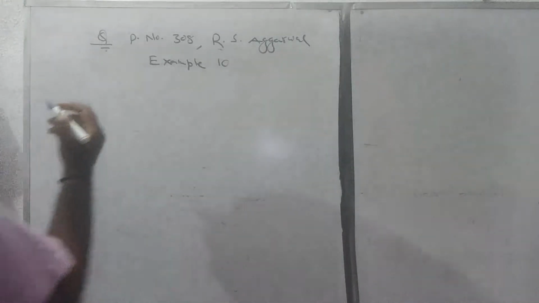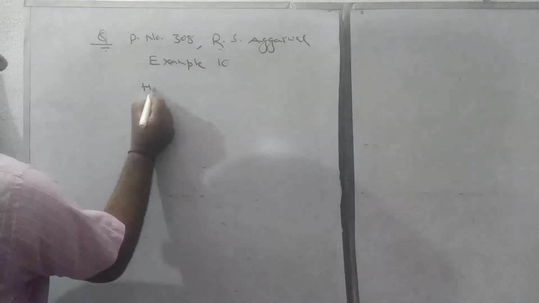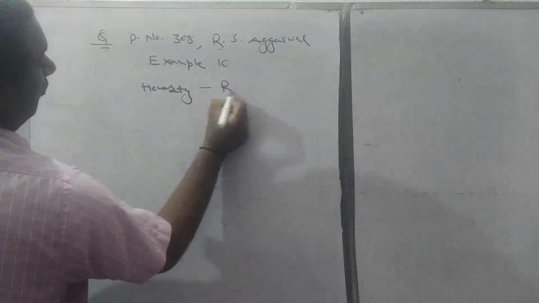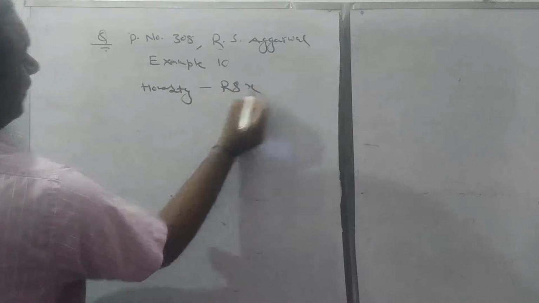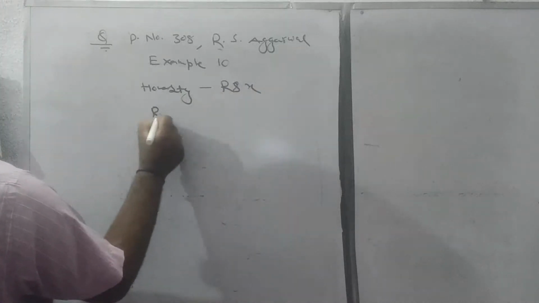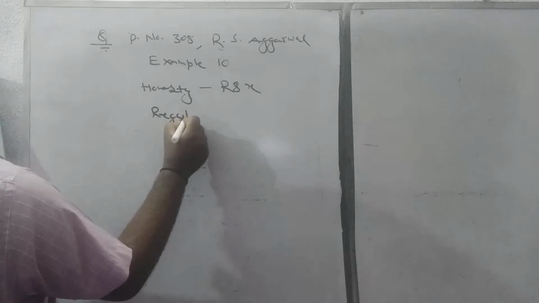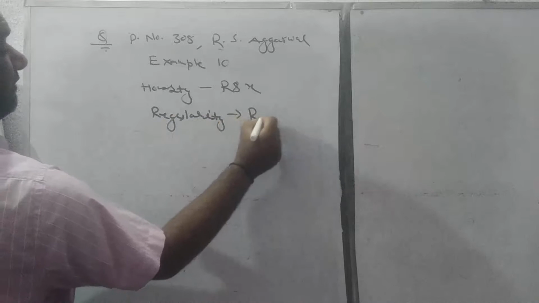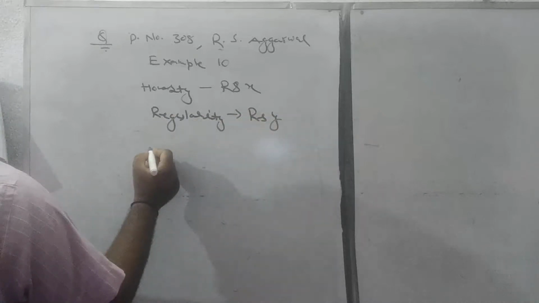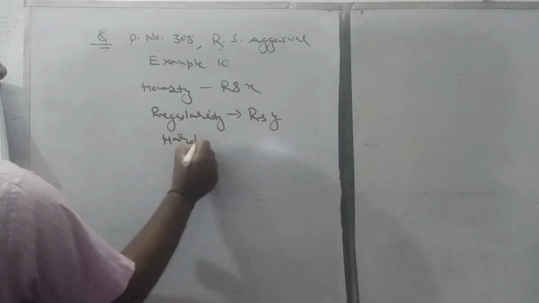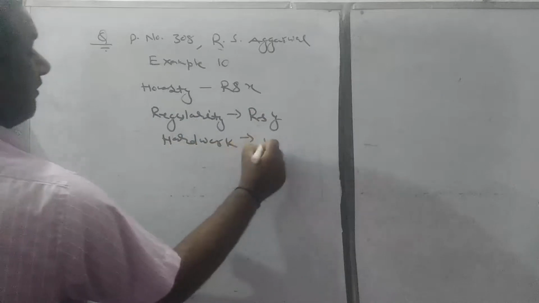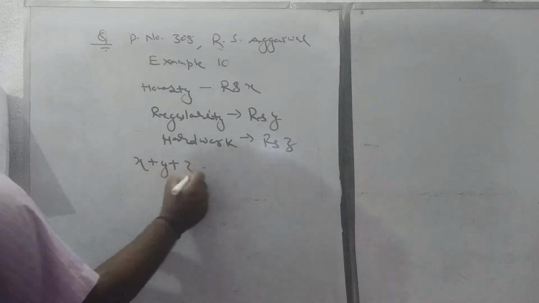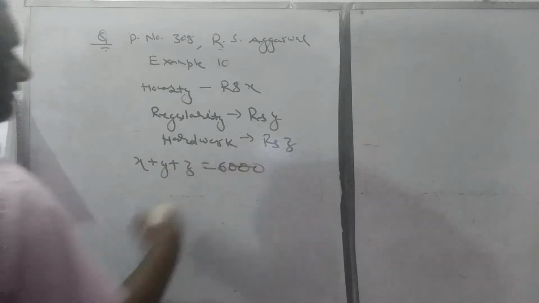So we can suppose for honesty the school awards rupees X, for regularity rupees Y, and for hard work rupees Z. So according to the first sentence, X plus Y plus Z is equal to 6,000.